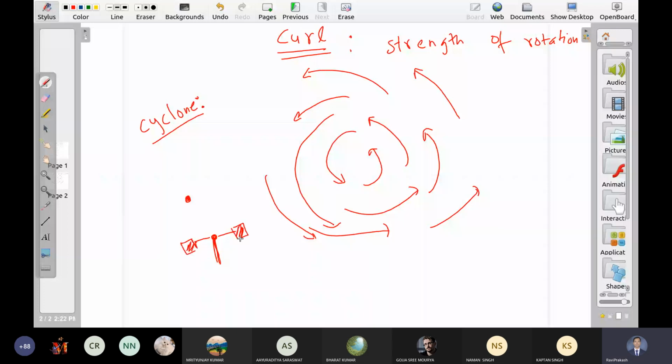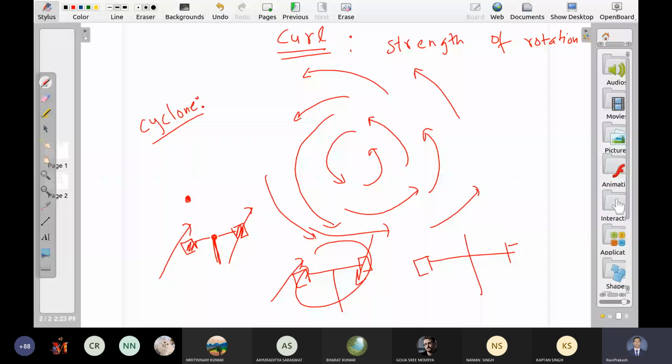Then obviously the wheel will not rotate. But if air is passing in the opposite direction, then the pedal wheel will rotate like this, clockwise or anti-clockwise depending on the direction of the air velocity.